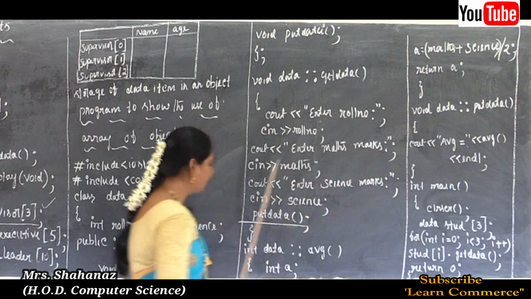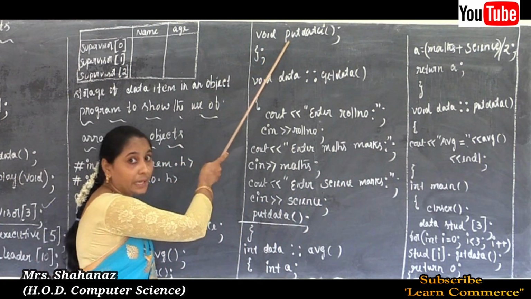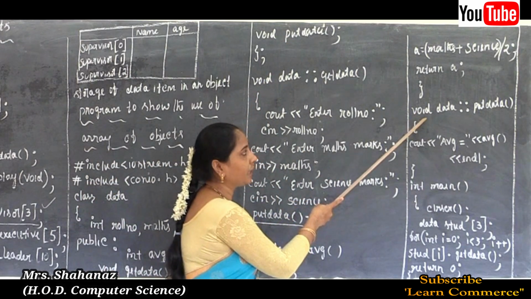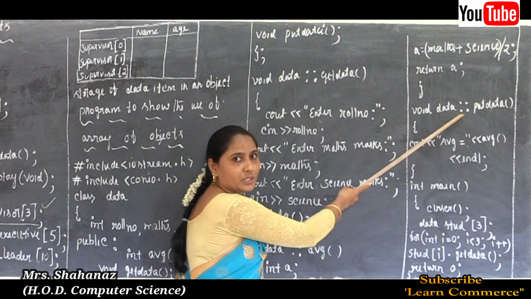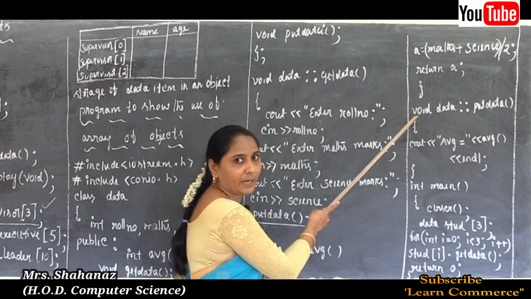Okay, so here we just declared the put data function. Now I am going to define such a put data function by using the scope resolution operator. Clear this point here? So first of all the return type, that is void. Why?